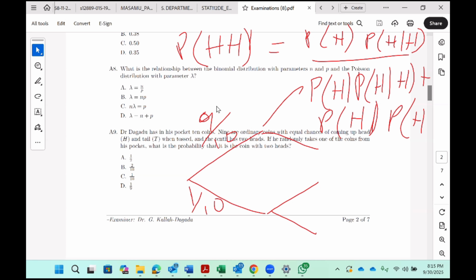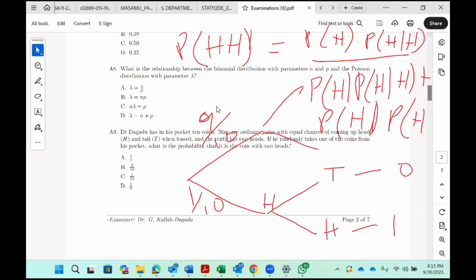So if he randomly takes one of the coins from his pocket, what is the probability that it is the coin with two heads? So here we have tail and here we have head, and this one gives us 1 and this one will give us 0, because for two heads it hasn't gotten any tail, so the tail content will be 0, so this one will be 1.